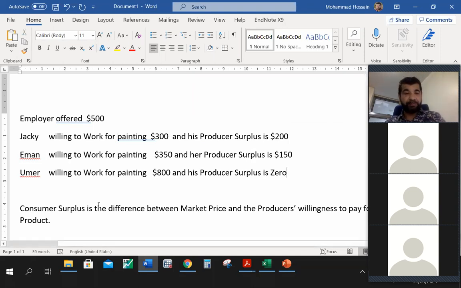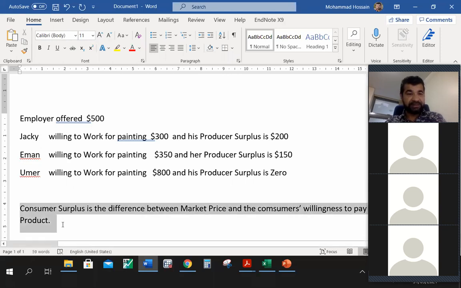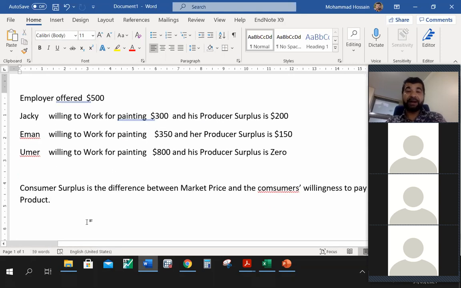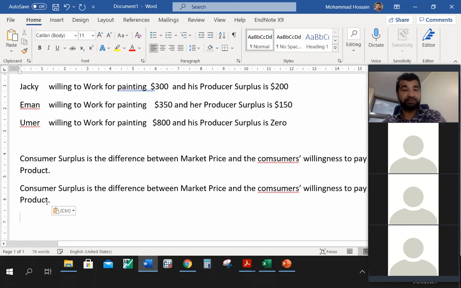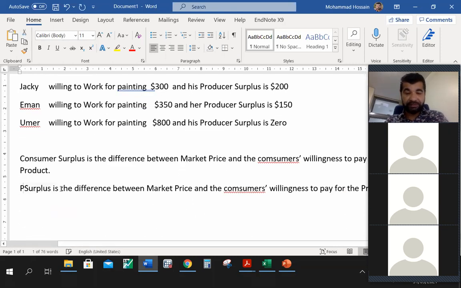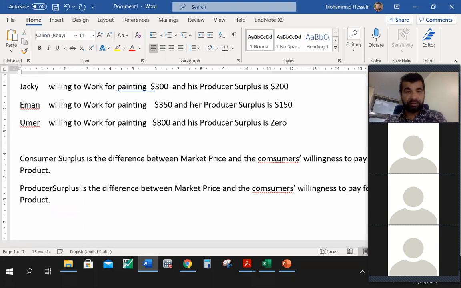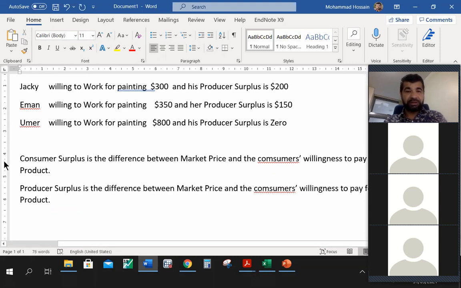So what is producer surplus? Producer surplus is the difference between the market price and the producer's willingness to work for.